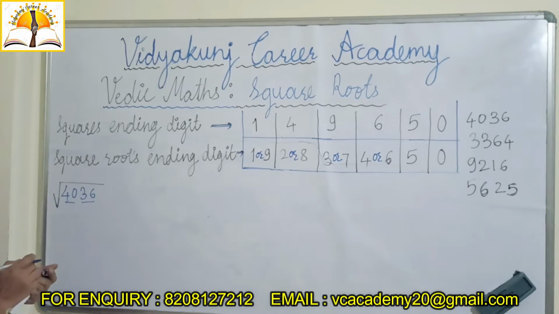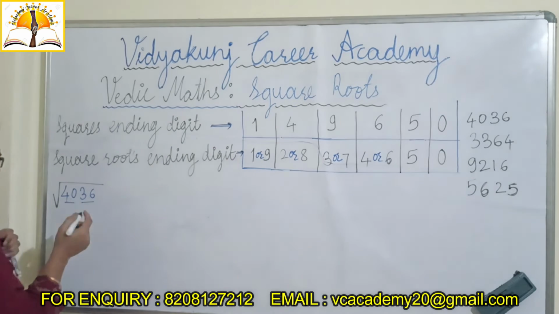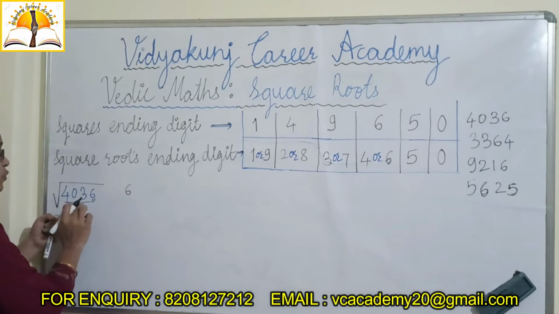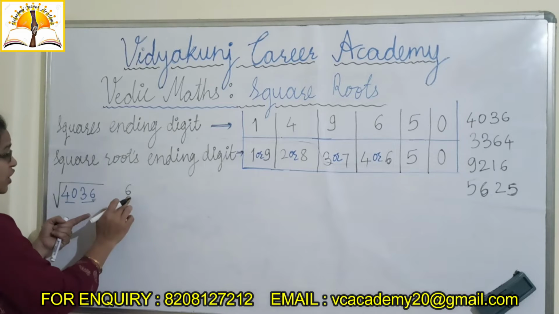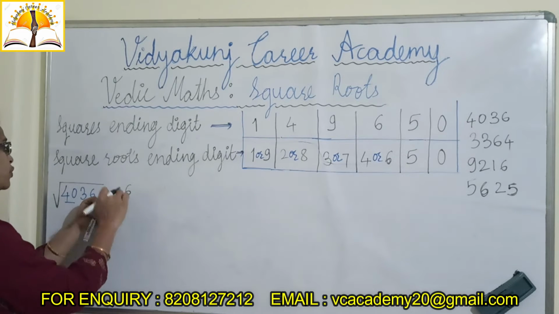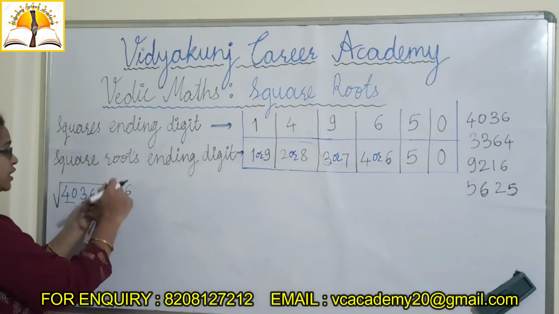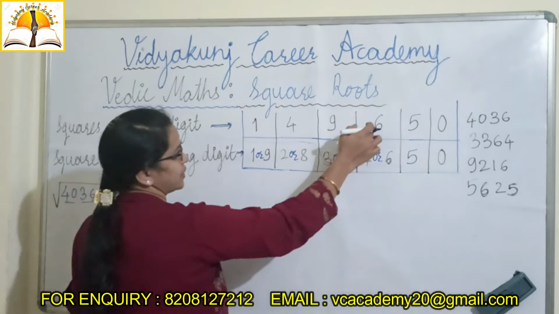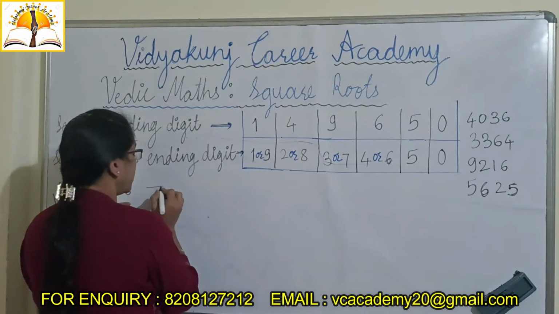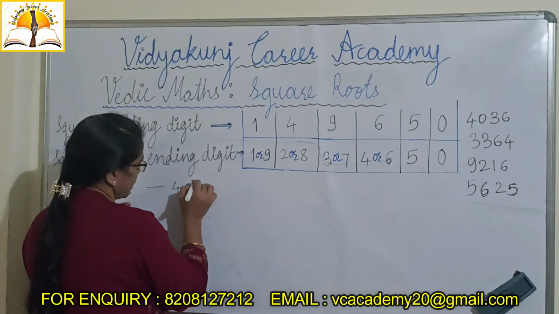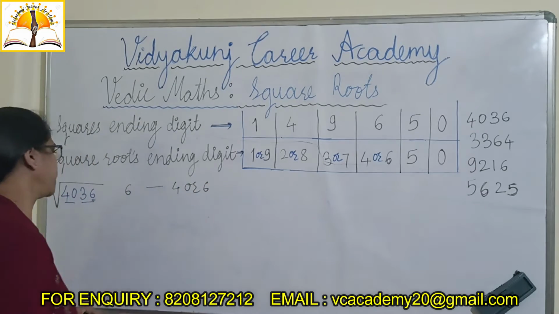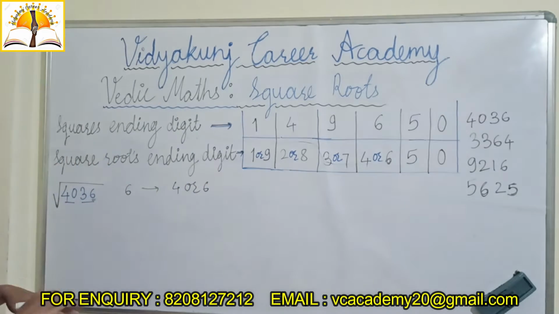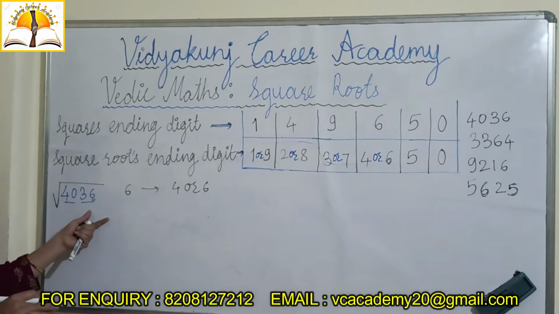After that, the end digit is 6. If it is 6, then its square root's unit digit will be 4 or 6, see here. You understood this? We haven't decided yet. This is the first step, and we have to do it one by one. We have done this.